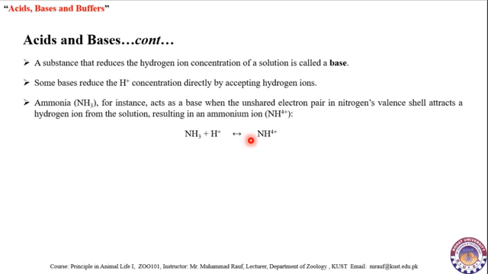And once again, this is a reversible reaction, meaning the reaction can move in both forward and backward directions. When you see this symbol with both arrows, it means a reversible reaction, and it also means that the base is a weak base.